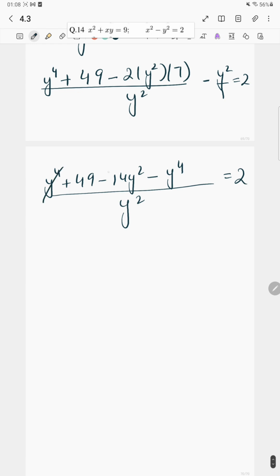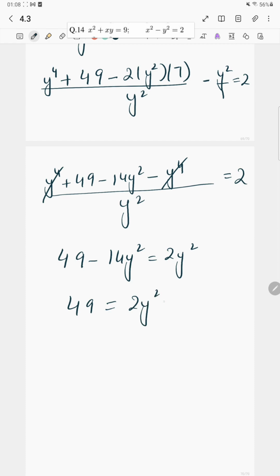So it's plus y to the power 4 minus y to the power 4. Now it's 49 minus 14y square, which is equal to 2y square. 49 is equal to 2y square plus 14y square. 49 is equal to 16y square.